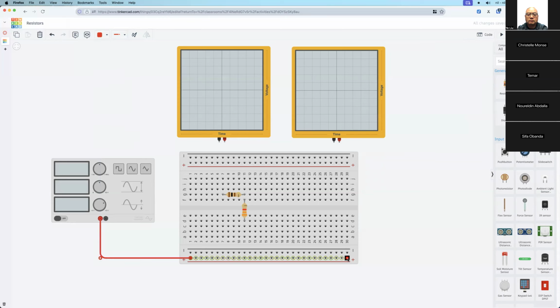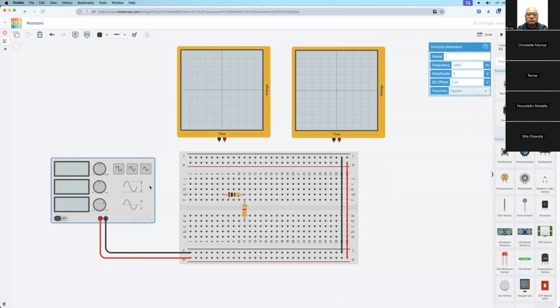Then from here, red, go to the top one, in case we need a power line on top. Then the last is the negative, which is the ground. This is black, similarly black connects to black. So just connect these two power lines.